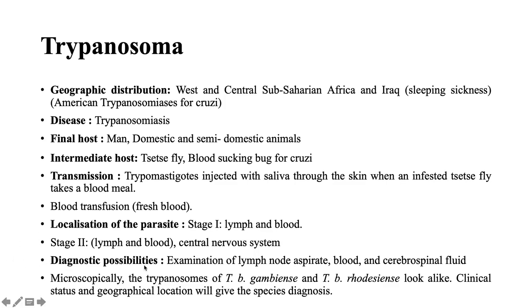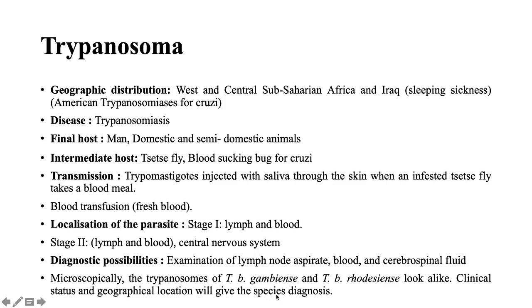The diagnostic possibilities: examination of lymph node aspirate, blood and cerebrospinal fluid, and then we can diagnose this under the microscope, where we can see the trypanosomas. They look the same, but the clinical status and the geographic location will give the species diagnosis.